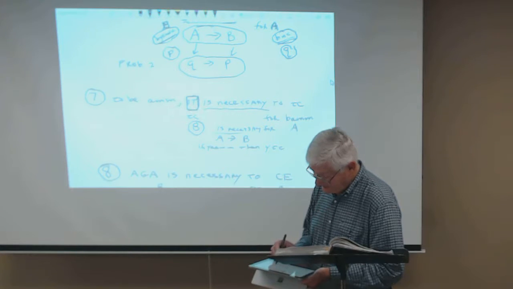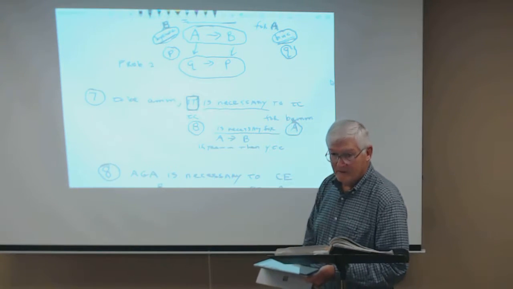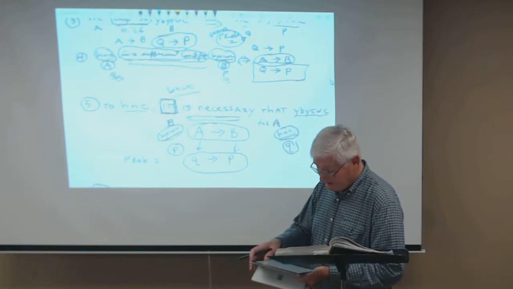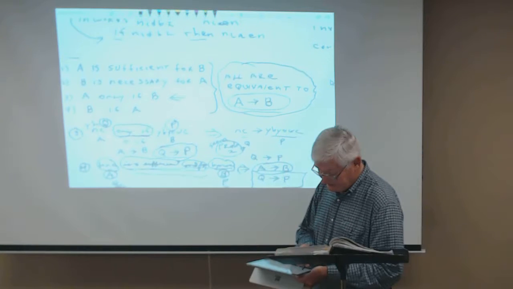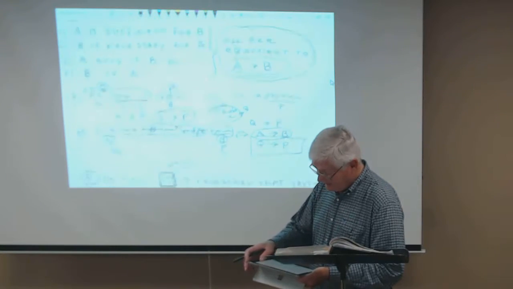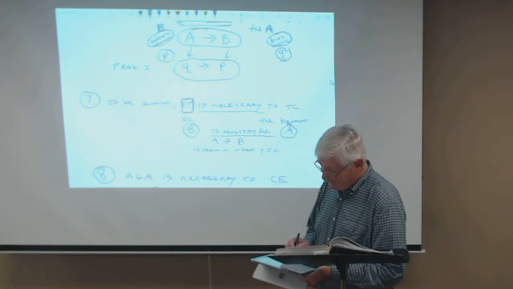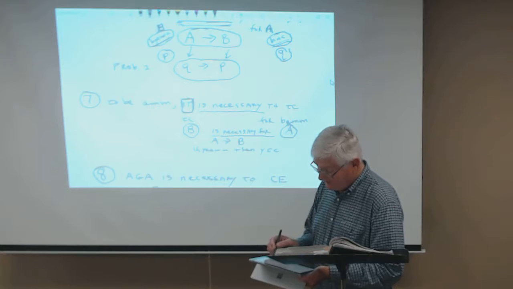B is necessary for A. Everyone follow that? I'm getting that from the chart. I'm looking at the chart saying, where's the necessary? That's the second one here. B is necessary for A. So I come down here and just put B is necessary for A. It is necessary for something.